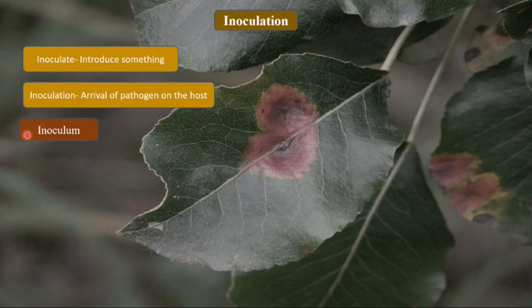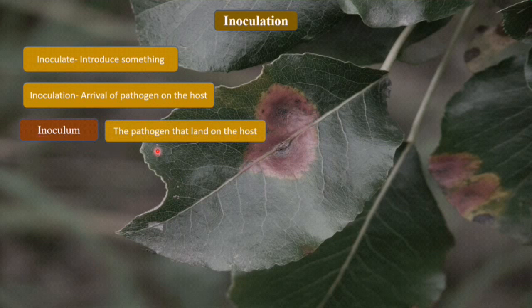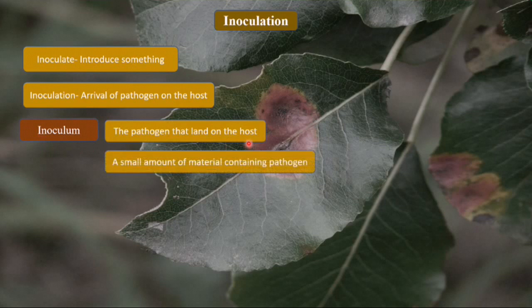Now an important term to understand here is inoculum, right? So what is inoculum? It is the pathogen that lands on the host, or we can say that it is a small amount of material containing pathogen, or we can also say that it is the active material, right?